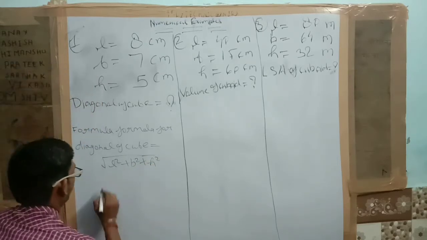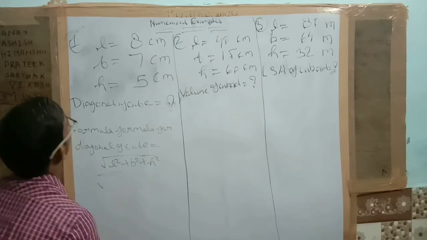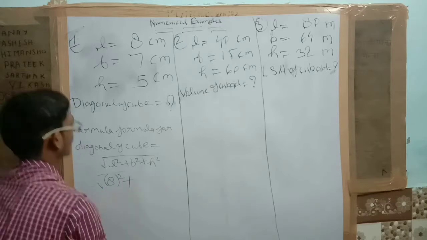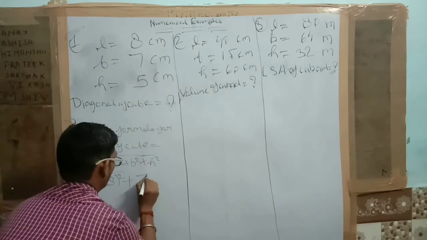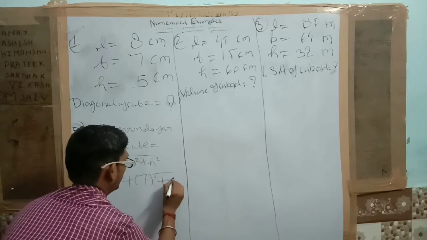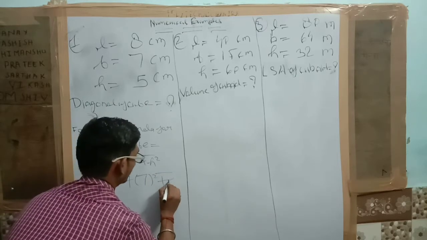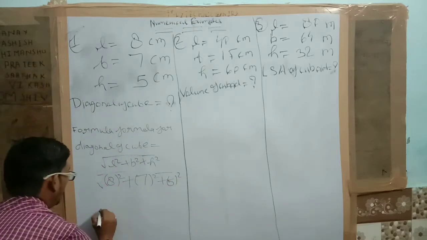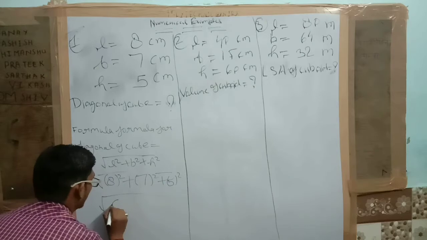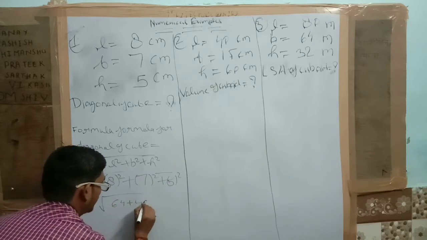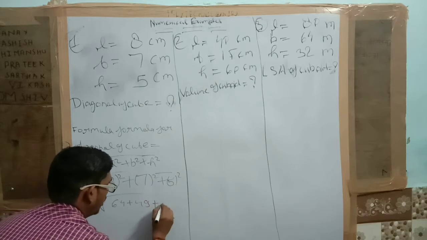In place of L we put 8, in place of B 7 and in place of H 5. Under root of 8 square is 64, 7 square is 49, 5 square is 25.